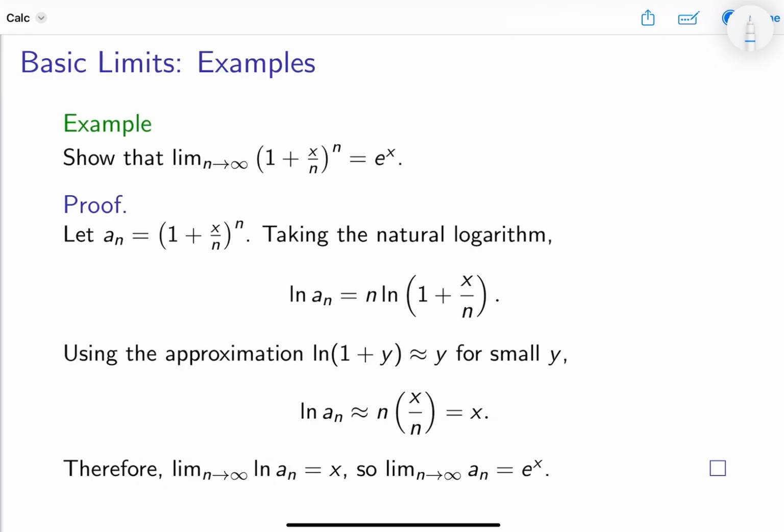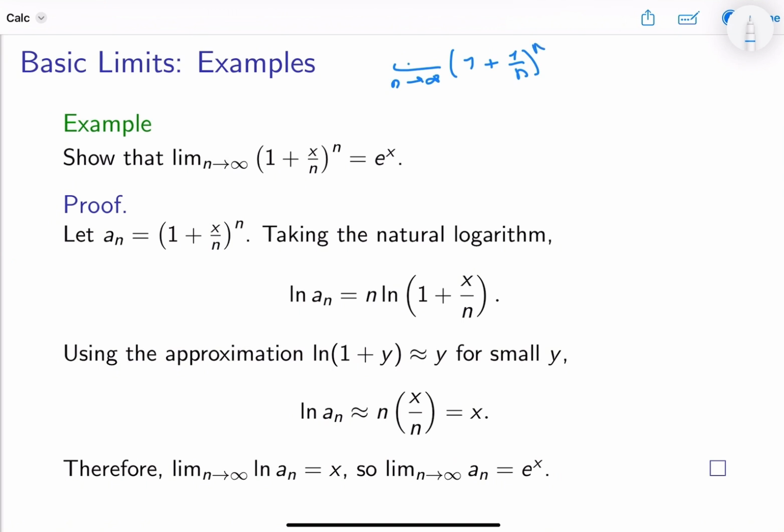This is an important limit for you to understand, so please stick around here. Here's the idea. Let's try an example first, and then you'll get it for a general x. What is the limit of (1 plus 1 over n) to the power n?